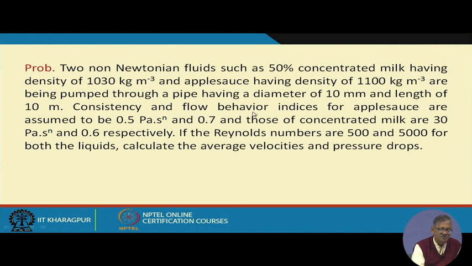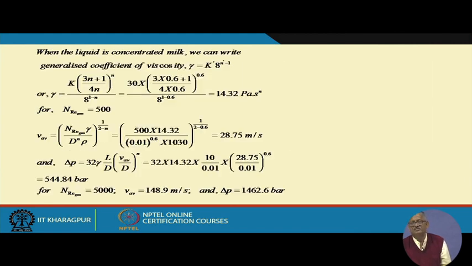Consistency and flow behavior indices for applesauce are assumed to be 0.5 Pascal second to the power n and 0.7, and those of concentrated milk are 30 Pascal second to the power n and 0.6 respectively. If the Reynolds numbers are 500 and 5000 for both the liquids, calculate the average velocities and pressure drops. So, this we have to find out.